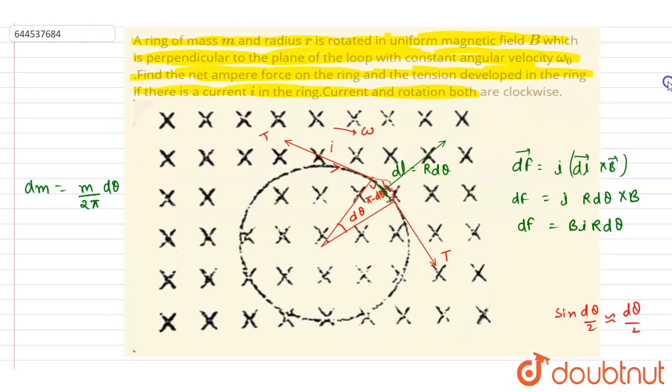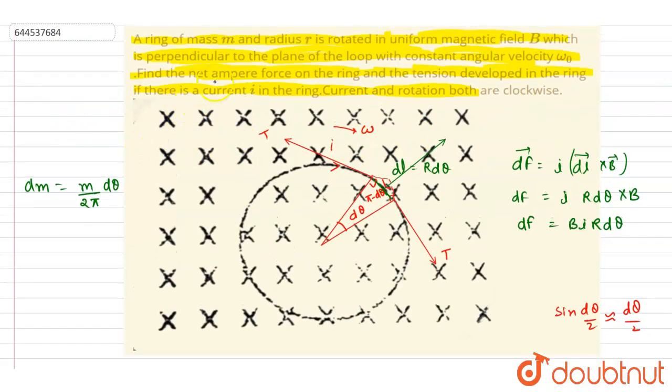If you see the question, we wanted the net Ampere force on the ring and the tension developed in the ring. So the net force, you can see from the symmetry, will be 0, because the diametrically opposite points will experience the same dF force.